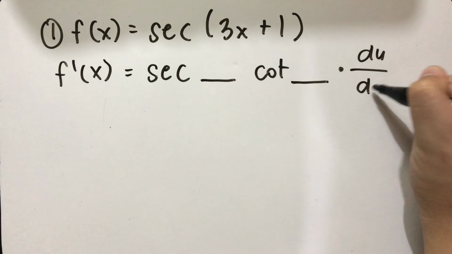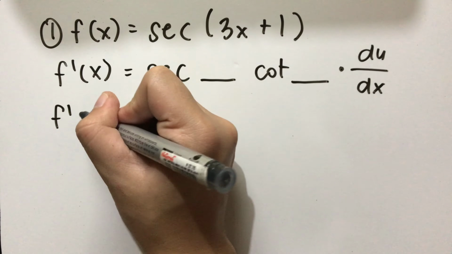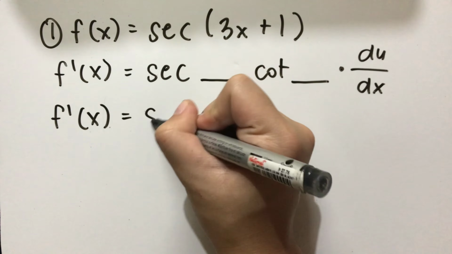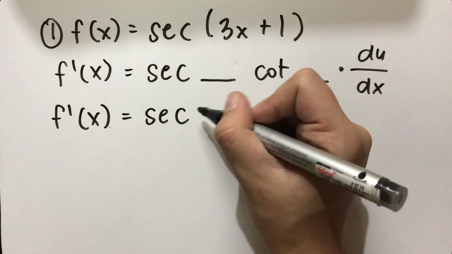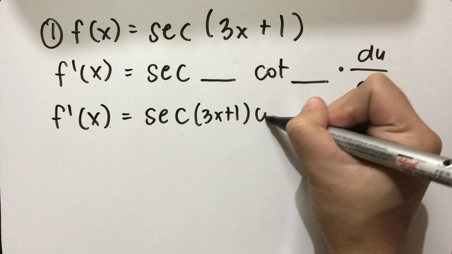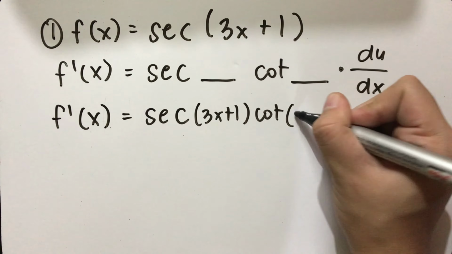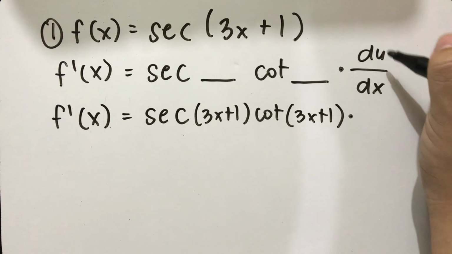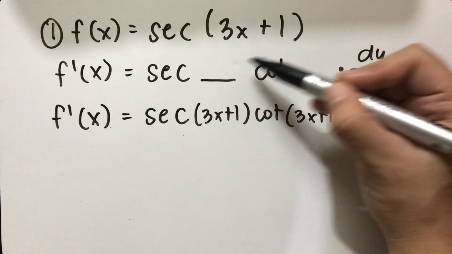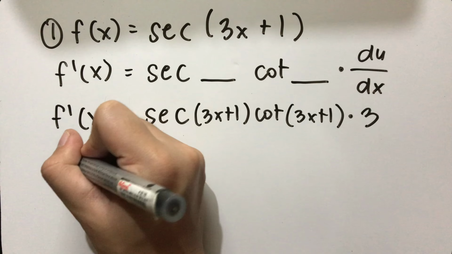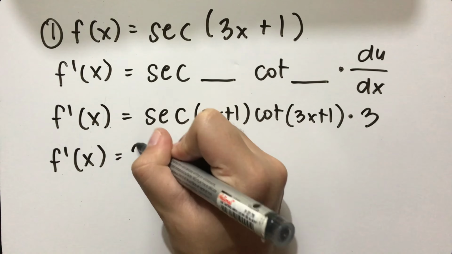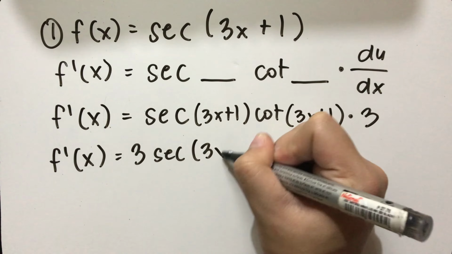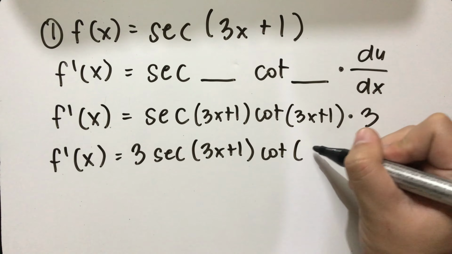Next, we copy the angle for secant and tangent, and it will be f prime of x is equal to secant 3x plus 1 times tangent 3x plus 1 times the derivative of the angle 3x plus 1, which is 3. So the final answer is f prime of x is equal to 3 times secant 3x plus 1 times tangent 3x plus 1. And that's it.